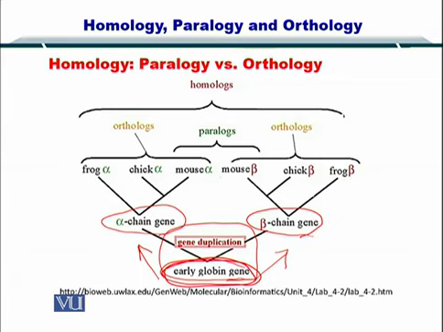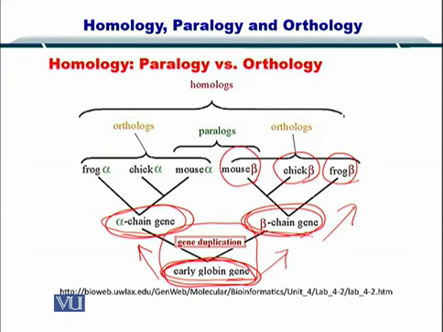So early globin gene is the ancestor for both of these diversified genes or proteins. Next, this beta chain gene can be found in frog, in chick, and in mouse. Similarly, the alpha chain gene can be found in mouse, chick, and frog as well.